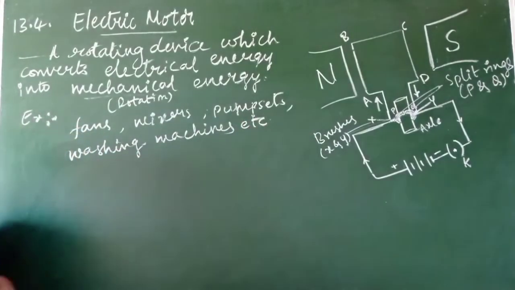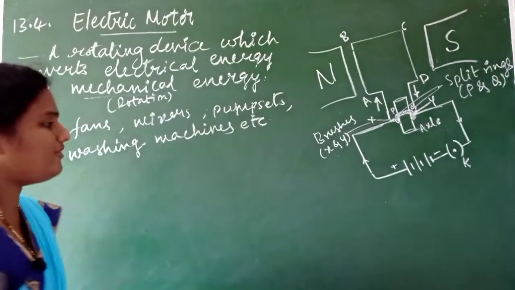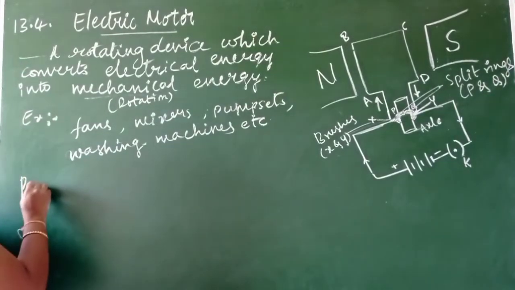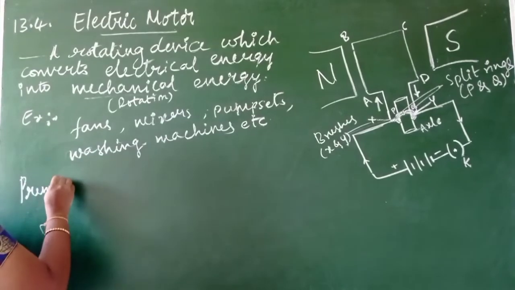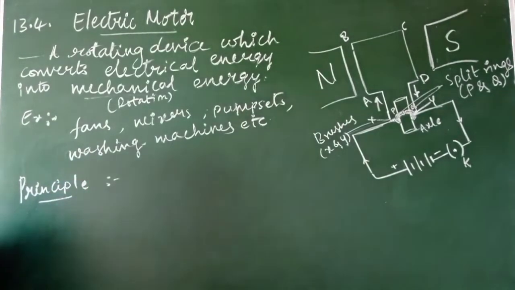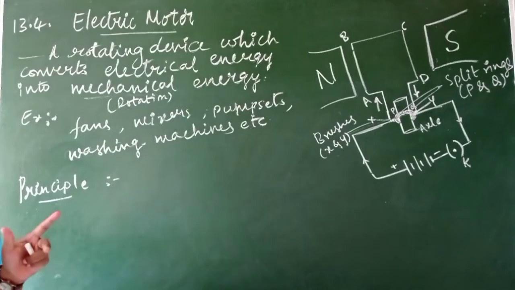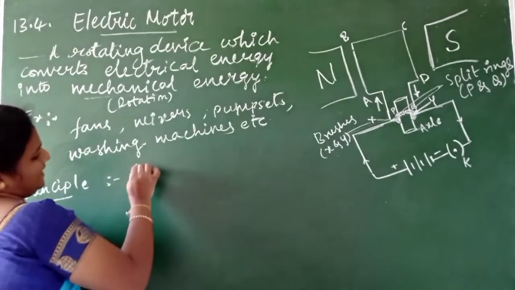etc. Then on what principle does this electric motor work? We will come to know. Children, an electric motor works on the principle of the magnetic effect of an electric current.